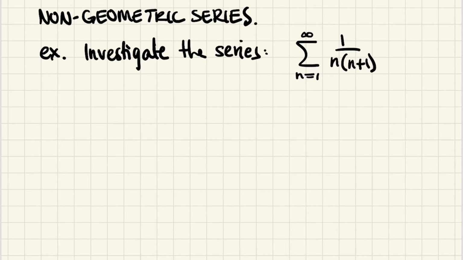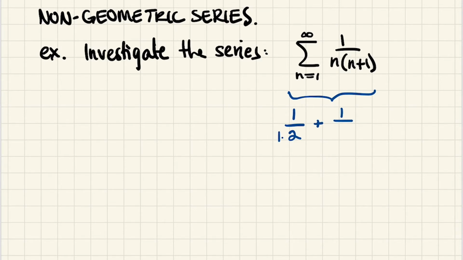So we're going to investigate this series right here. Now this is not a geometric series, but let's look at its first few terms just to get a sense of what it feels like. When n is equal to 1, we get 1 over 1 times 2, so that's 1/2.